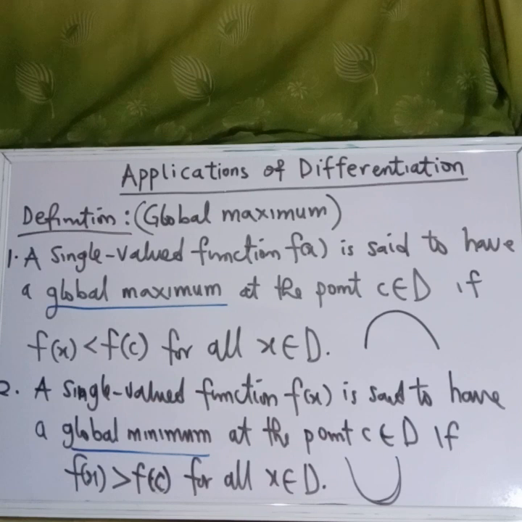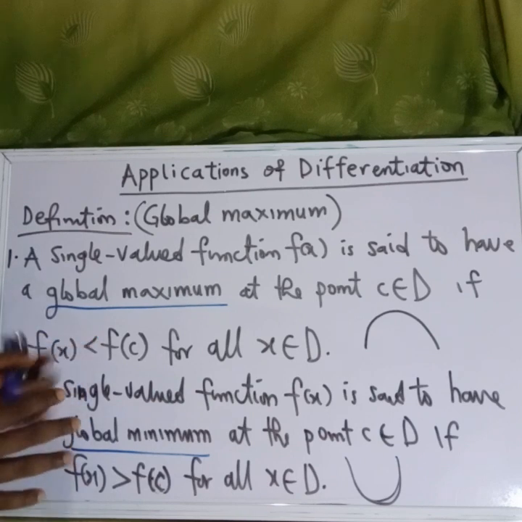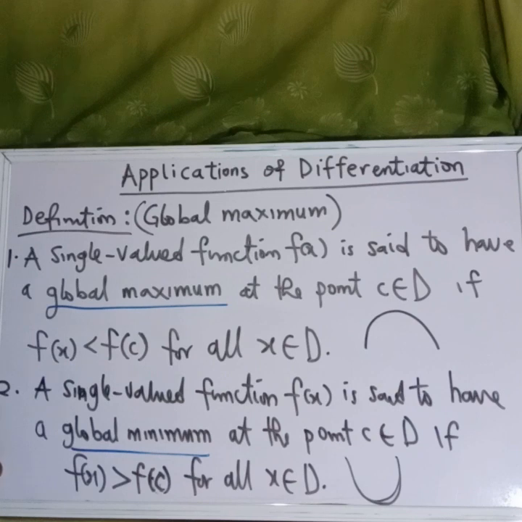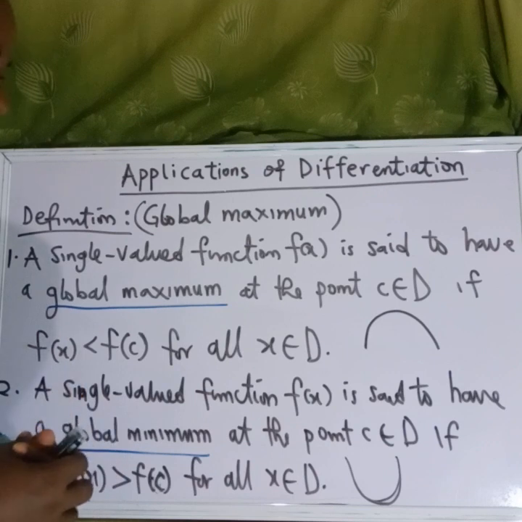Now, there are other concepts of maximum and minimum. This concept is being referred to as the local maximum or the local minimum. So let's quickly look at that also.